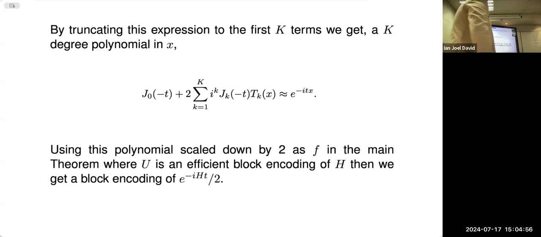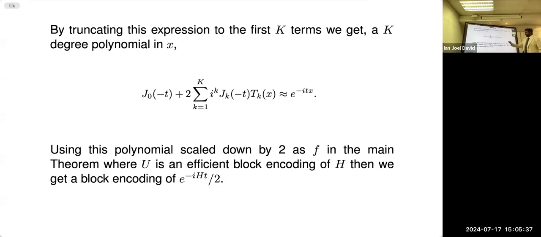And then by truncating the expression to the first capital K terms, we get a degree-K polynomial in x. And this degree-K polynomial in x is approximately equal to e to the minus i t x. And if x is precisely the Hamiltonian, then we have a way to approximate the evolution by some polynomial. Using this polynomial, but scaling it down by 2 because we need it to satisfy the conditions in our theorem, there will be an efficient block encoding.